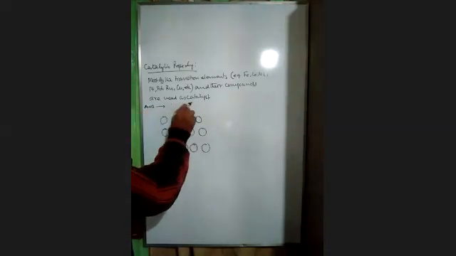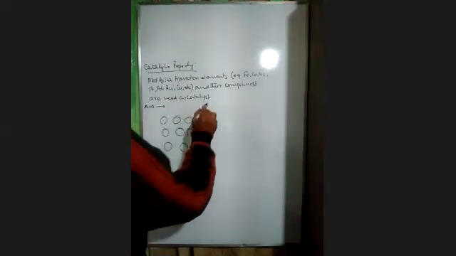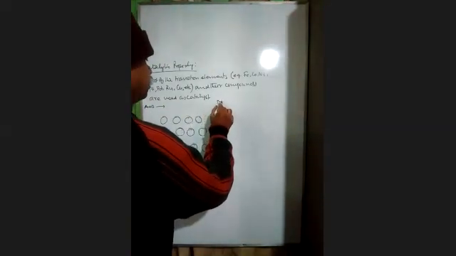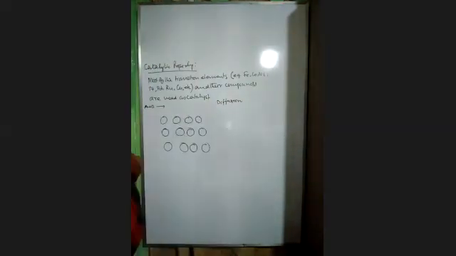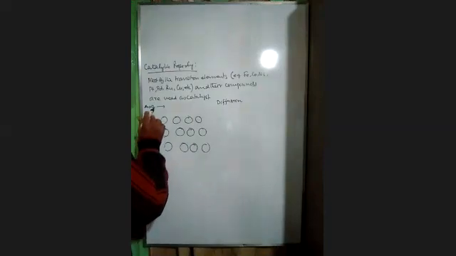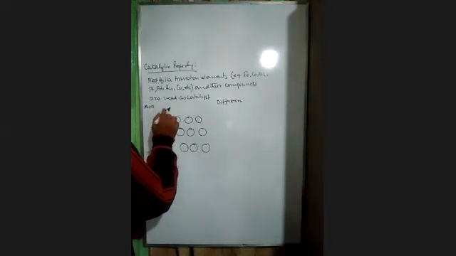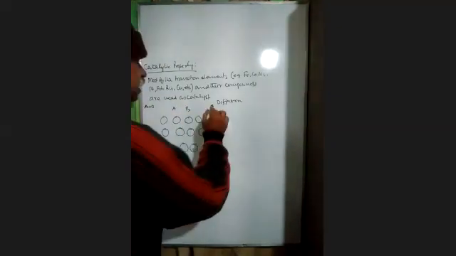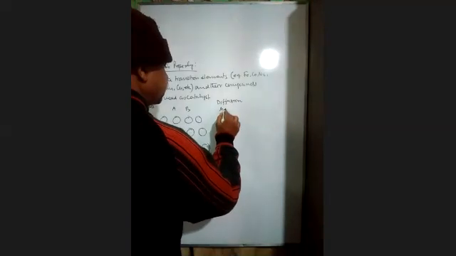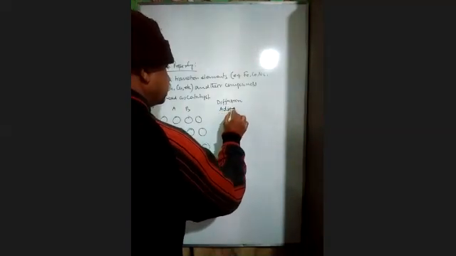Whenever substances travel by themselves, in chemistry we call it diffusion. After they travel, they will come near to the surface. So it is A and B, and then they will settle.